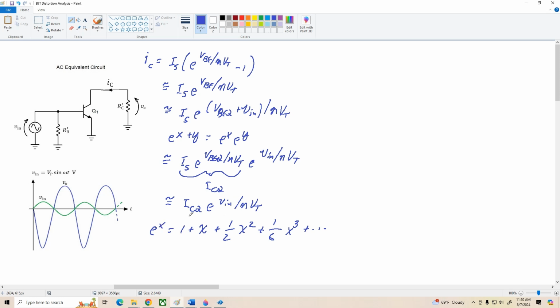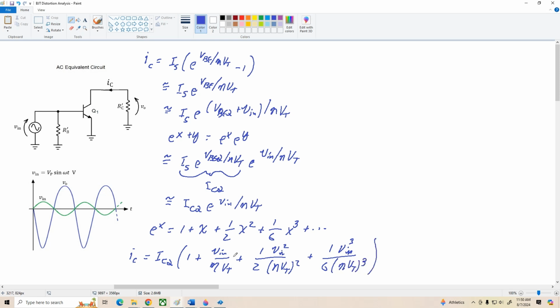And if we apply this to our equation, what we end up with is I sub C equals ICQ times 1 plus x, which is the exponent, Vin over eta VT, plus 1/2 times x squared, which is Vin squared over the quantity eta VT squared, plus 1/6 times Vin cubed over eta VT, the quantity cubed.